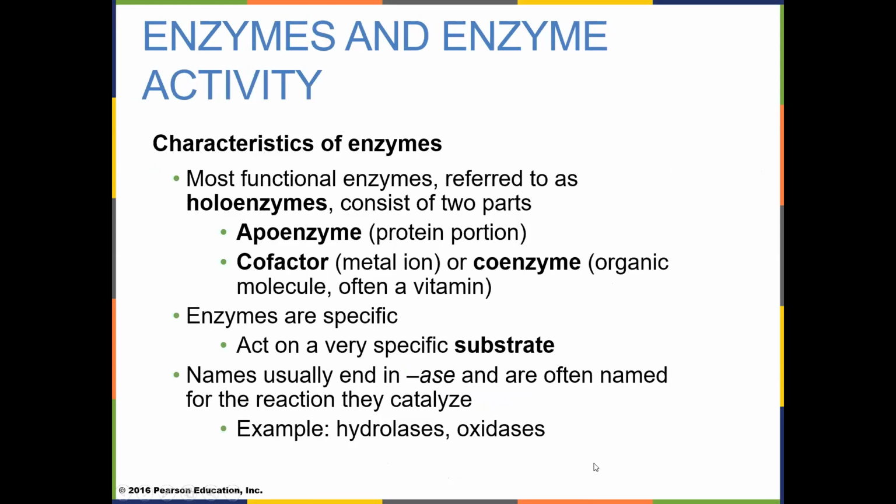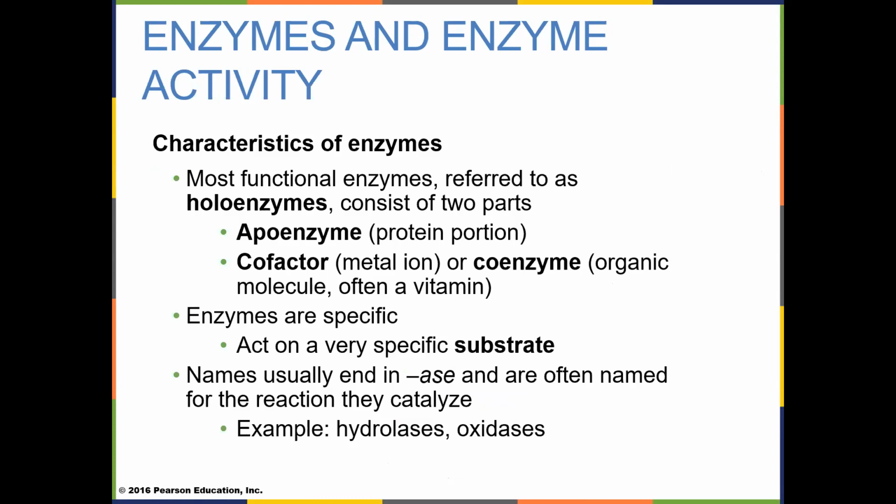Now, these enzymes, these globular proteins, consist of a protein portion and an area called the coenzyme. Coenzymes are not enzymes. They are not wannabes. They can't be converted into an enzyme.